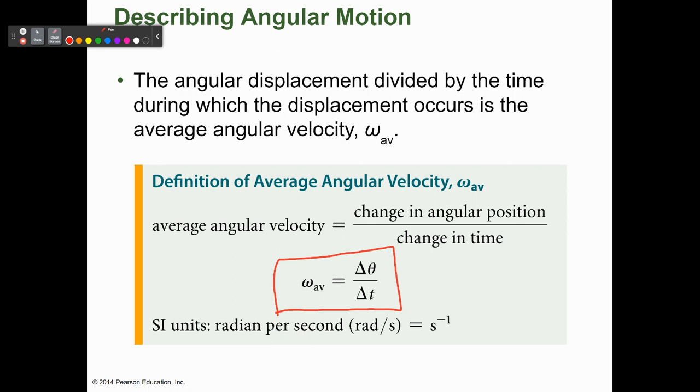With angular velocity, we have angular displacement divided by time. So it's going to be the change in the position, angular displacement, divided by the change in time. And our units are going to be radians per second or just per second because we don't count radians as a unit. Okay.